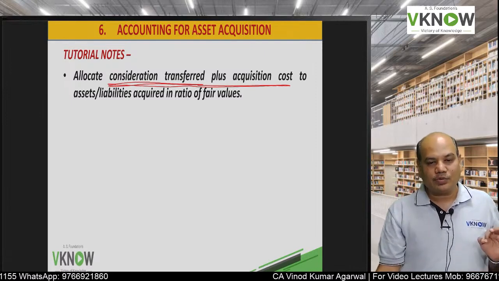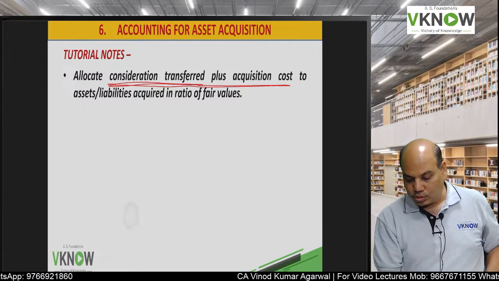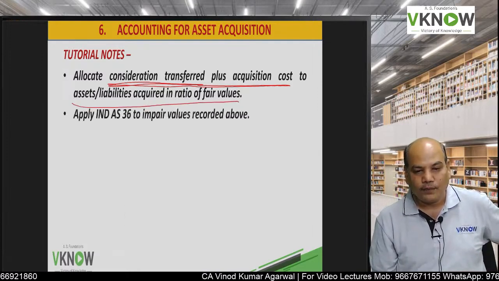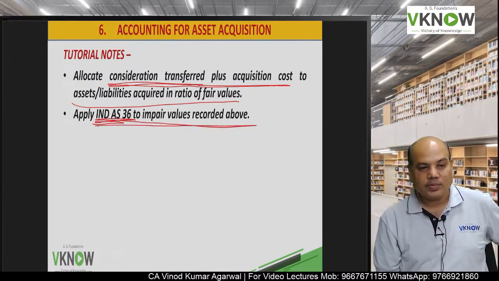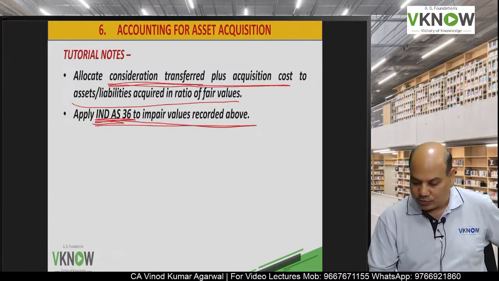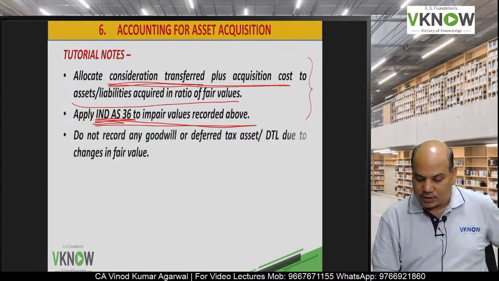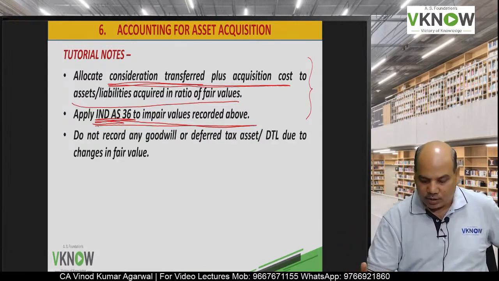Because it is an asset acquisition, the acquisition cost will be capitalized over the assets and liabilities acquired in the ratio of fair values. In case you find that some assets are impaired, you will apply Ind AS 36 impairment and bring them down to their recoverable amount.